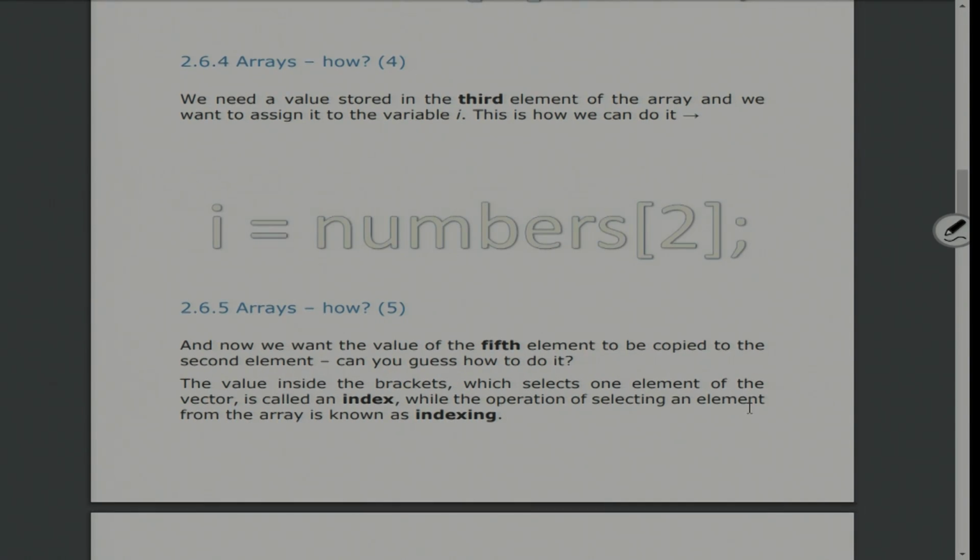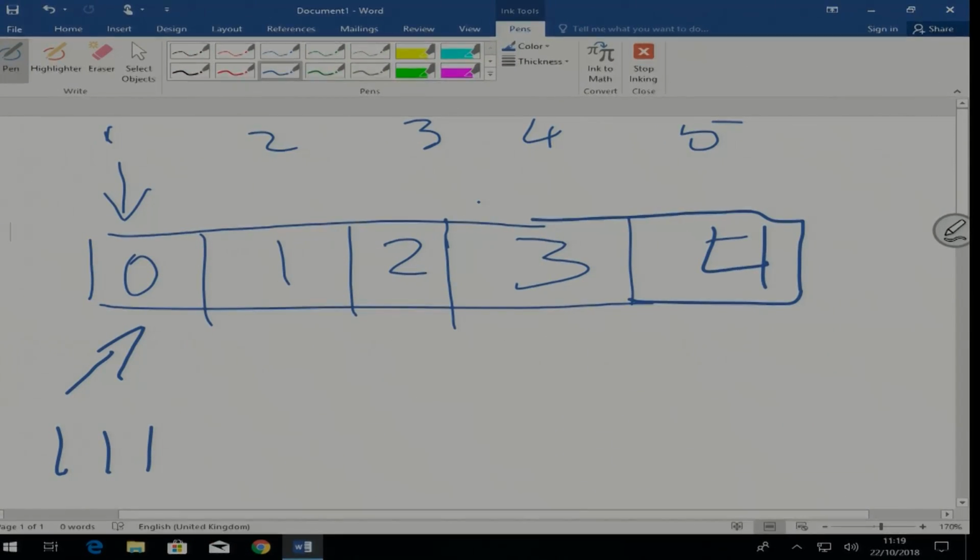And then if now we want to store the value in the third element, and we want to assign it to a variable called I, then we can say I. Remember, the third element is indexed number 2, this one.